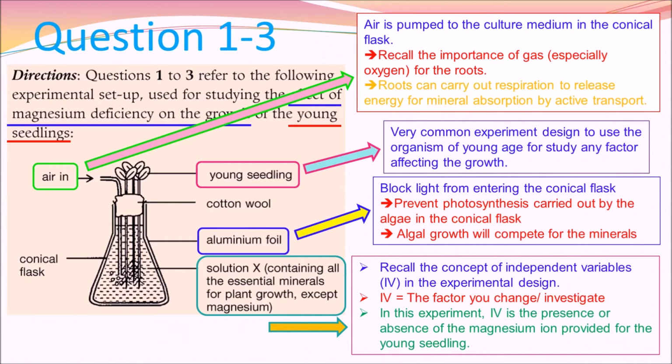So in this experiment, the IV is the presence or absence of magnesium ions provided for the young seedling. In this setup, we do not provide magnesium for the young seedling. So that is our IV. I hope you understand the brief idea of the experiment first.